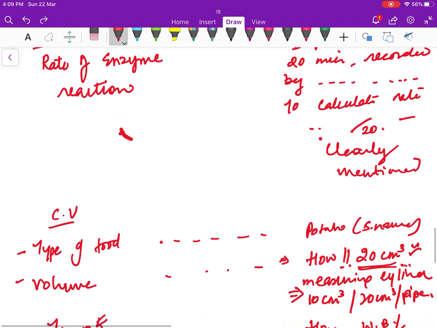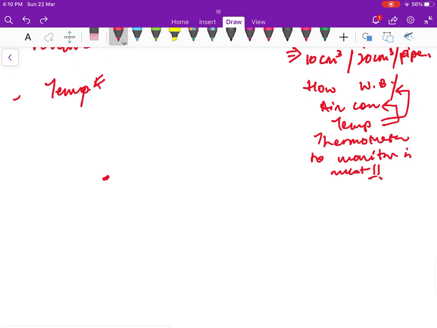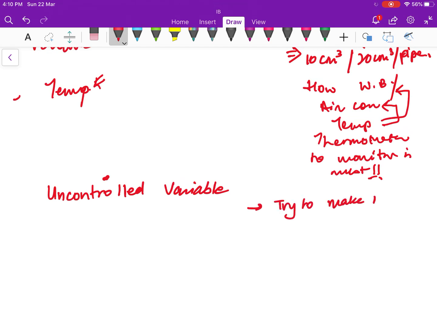But you can probably say that you took it from the center or you took it from the same batch, so you try to make it standard. Uncontrolled variables are those which you definitely cannot control, but you try to make them standard, so make it a precise answer.